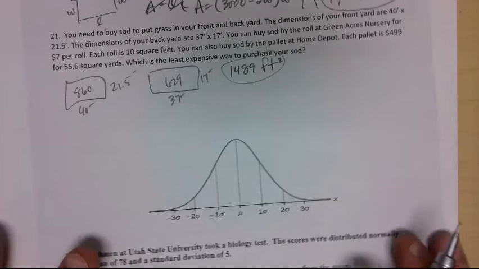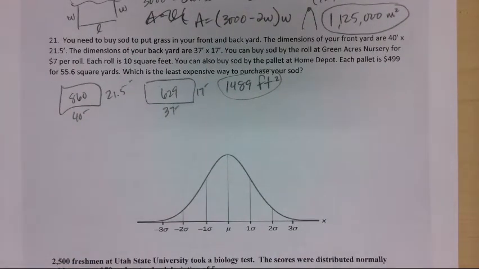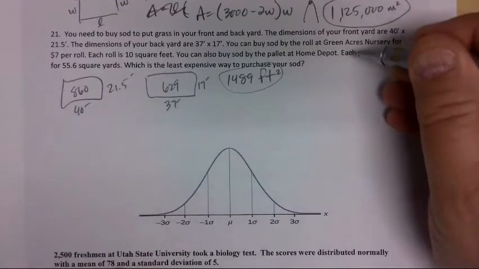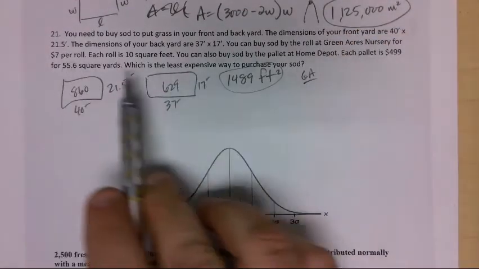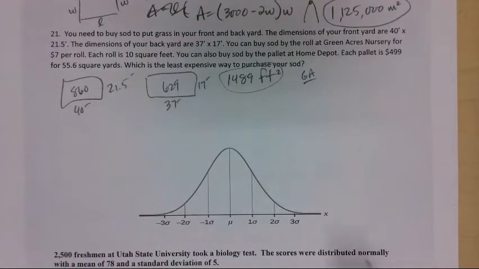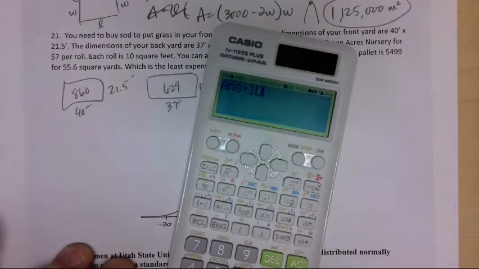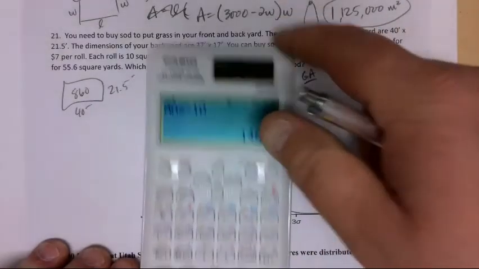Okay, so anytime we're doing these design kind of problems, figure out your area or your volume first. Now, I got 2 options for cost. I can do Green Acres Nursery, and it says $7 a roll. Each roll is 10 square feet. If I divide 1489 by 10, I need 148.9 rolls.